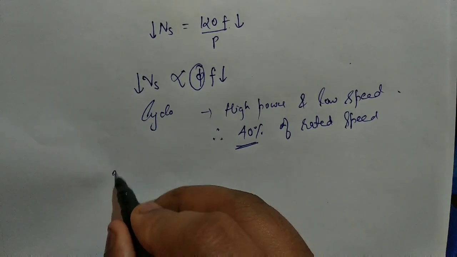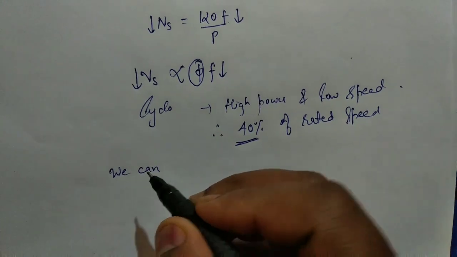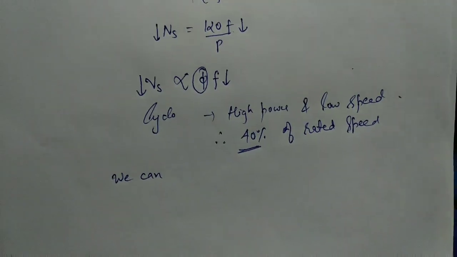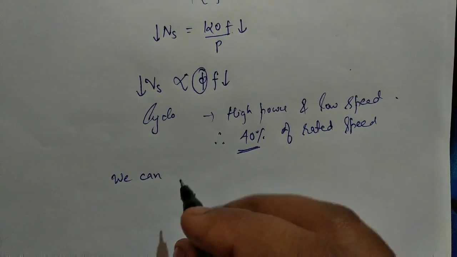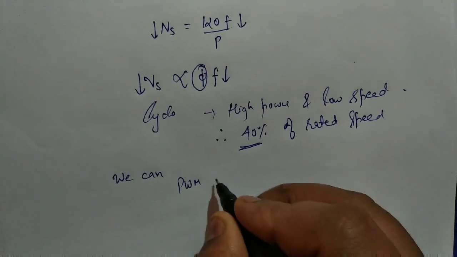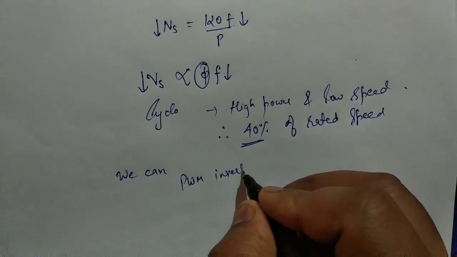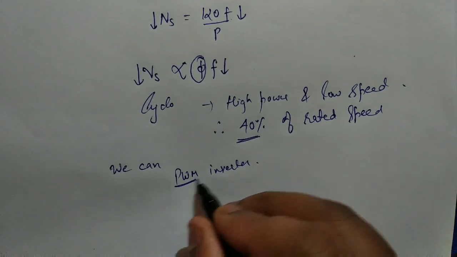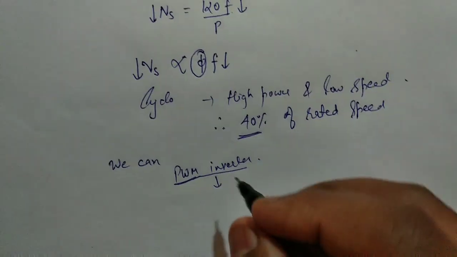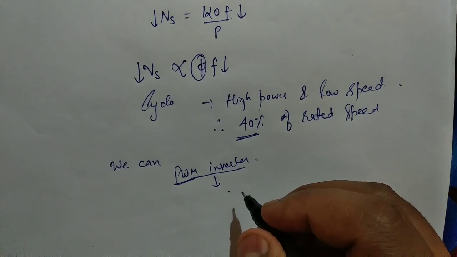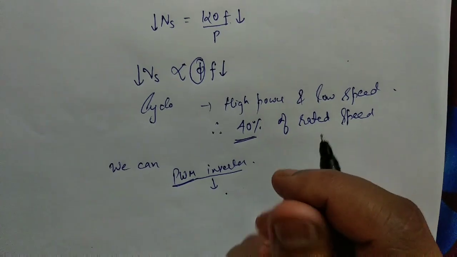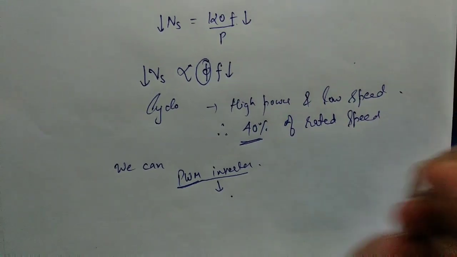Also, we can use V by F control method in PWM inverter also. So in this case, the advantage is we can eliminate most of the lower order harmonics and increase the frequency of predominant harmonics.